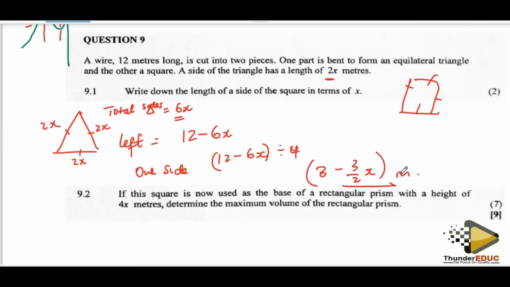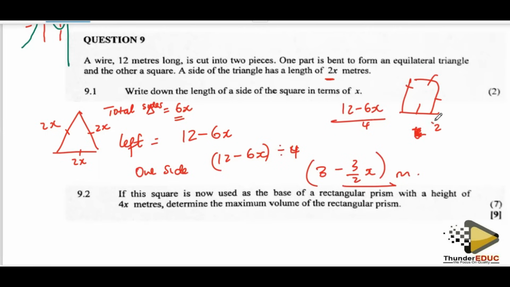So that is the length of one side, 3 minus 3 over 2x. So 12 minus 6x over 4. When you simplify, someone can even factorize that. Maximum is a 3, is it not? It's a 2. Is that so? It's a 3.